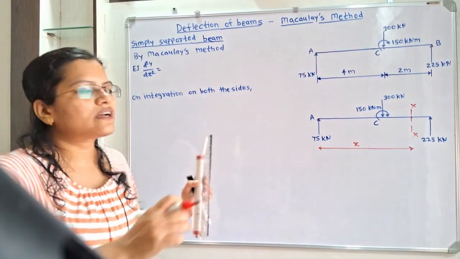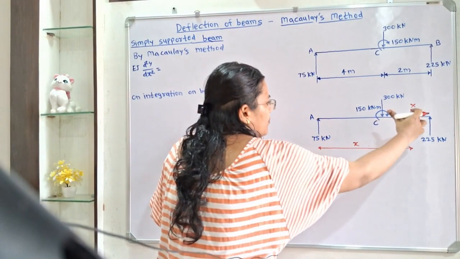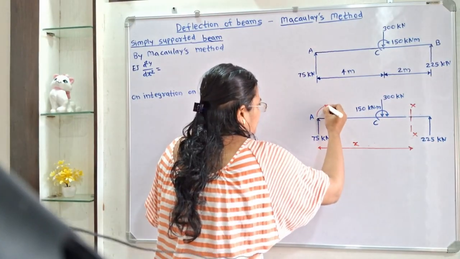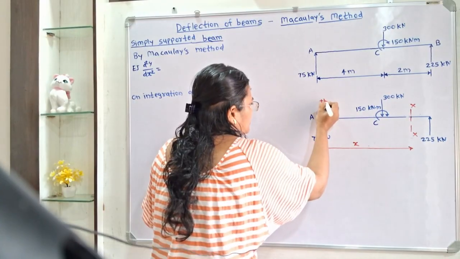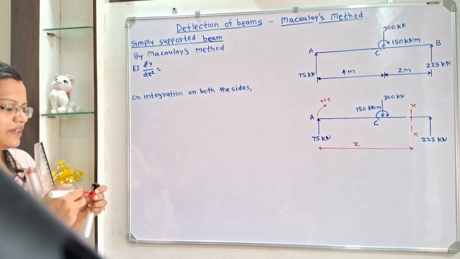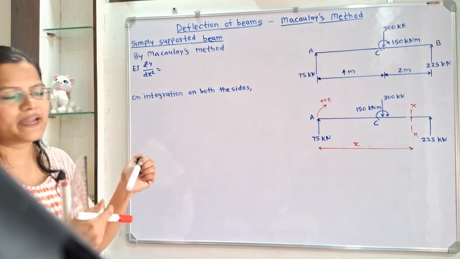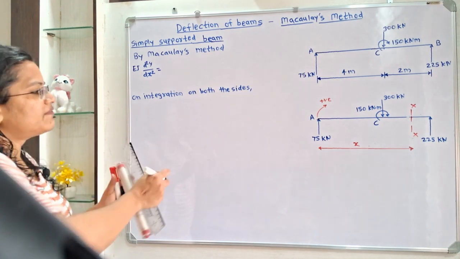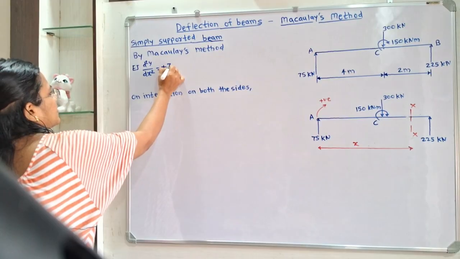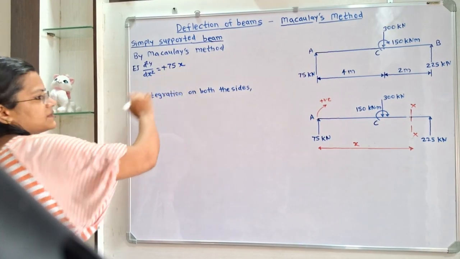Now if I move the compass about the section XX in the direction of 75 kilonewton, that is the clockwise direction, and we will use the positive sign. So how to write this bending moment? 75 multiplied by x. So I will write here plus 75x.